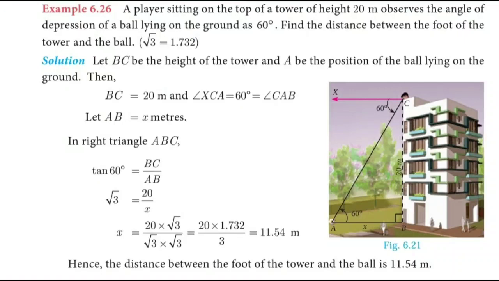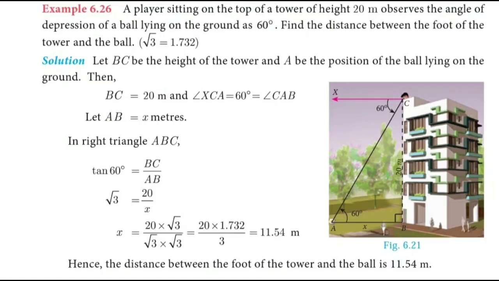Multiply root 3 on numerator and denominator. Then x is equal to 20 into root 3 divided by root 3 into root 3. Then x is equal to 20 into 1.732 divided by root 3 into root 3, we get 3.